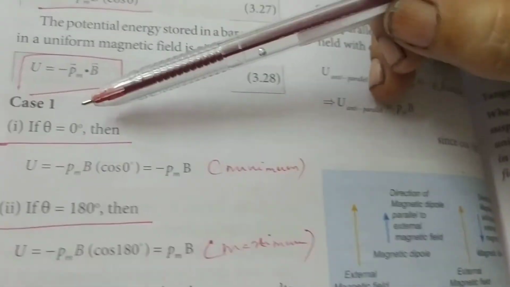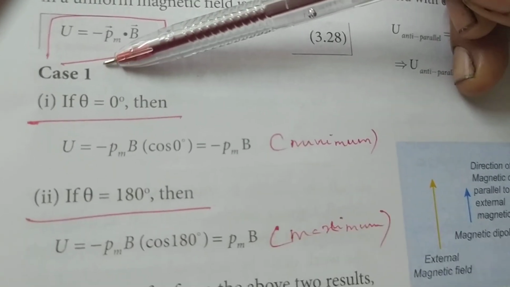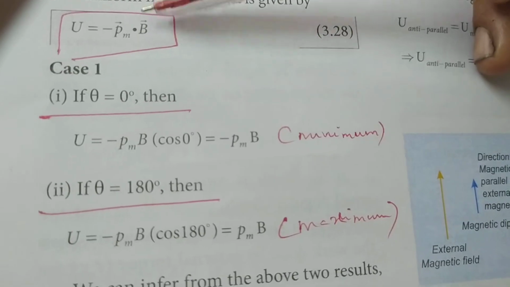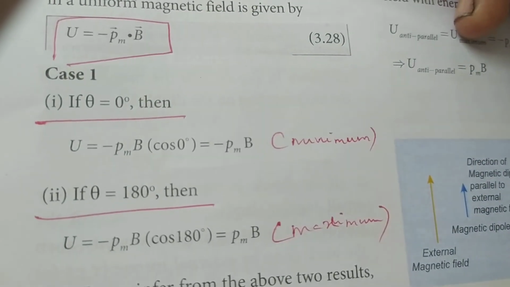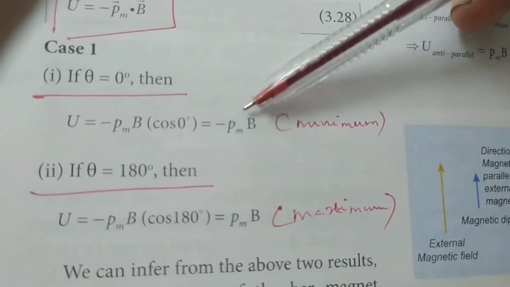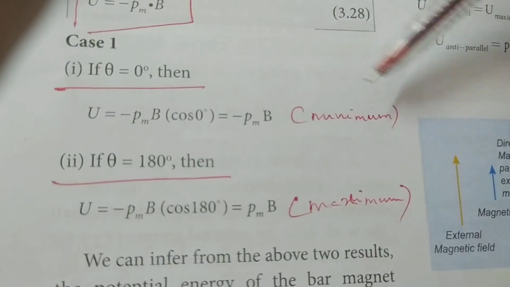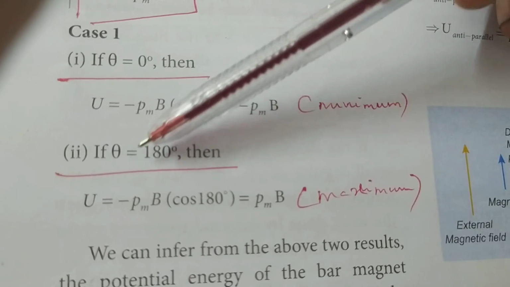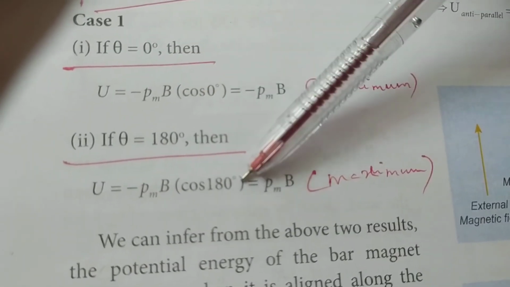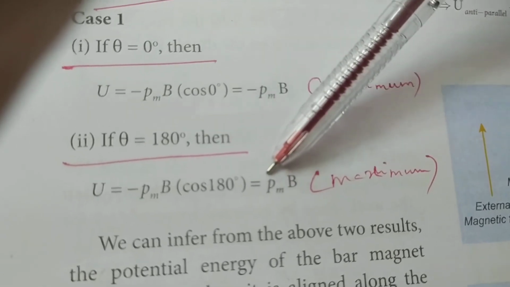Here you can take two cases. In the first case, the angle theta is equal to 0. When you substitute 0, cos 0 is 1, so you will get U is equal to minus PmB. This is the minimum value because it is negative. Suppose you substitute theta is equal to 180 degrees, then cos 180 is minus 1, so this will become PmB.